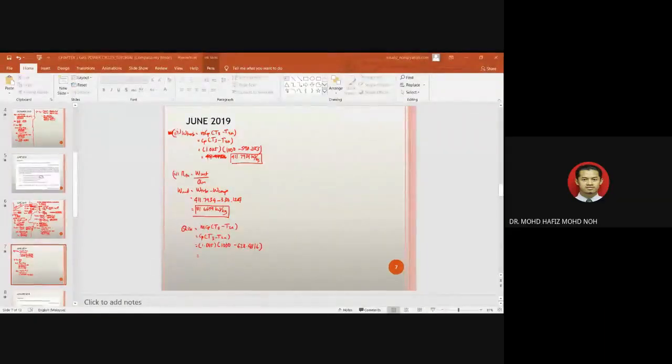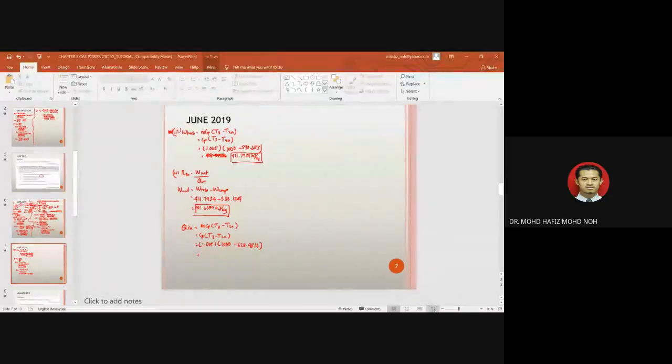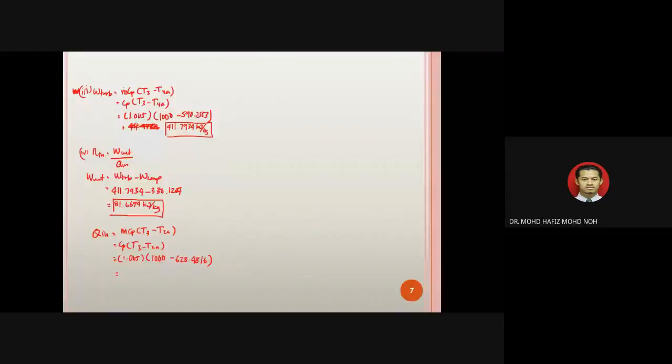From here, you will get the value of Q in, which is 373.376 kilojoule per kg. And then you can proceed to calculate thermal efficiency: 81.6694 divided by 373.376.